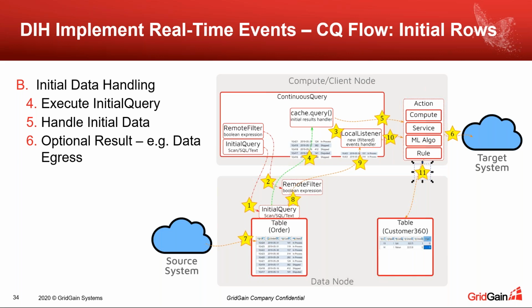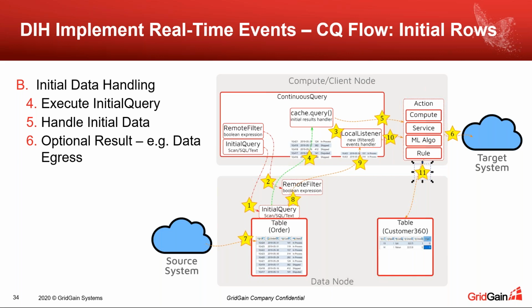For instance, you might send it to an outbound system, you might call a service, et cetera. In this particular case, I just happen to have wired it on the screen as data egress. So the resulting processing of initial data, maybe that's of interest to an external system. In this case, I send it out to an external system.